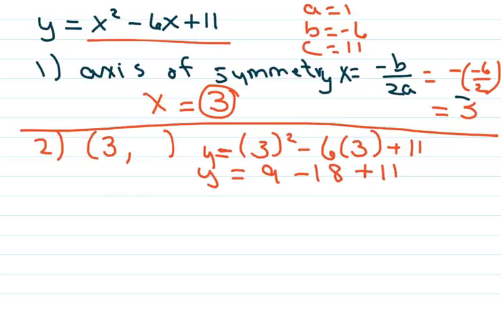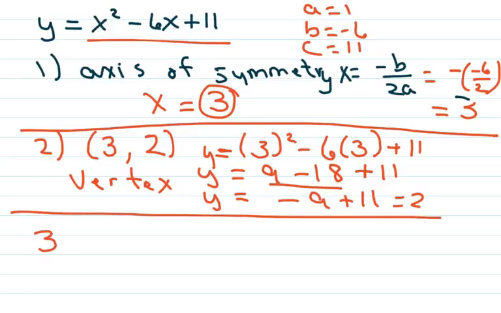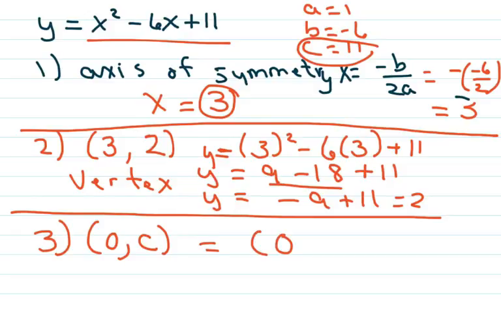So y equals negative 9 plus 11 equals 2. So my vertex is 3, 2. And my y-intercept is when x is 0, what is y, and it's always the c. My c is what, when it's in standard form? So that's going to equal 0, 11.